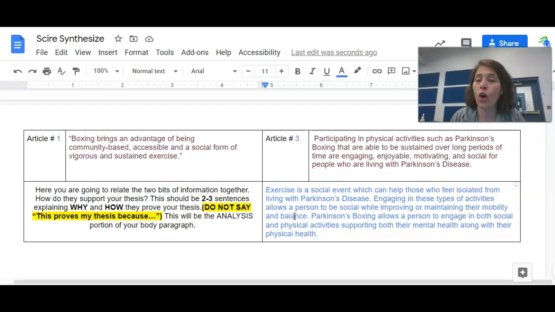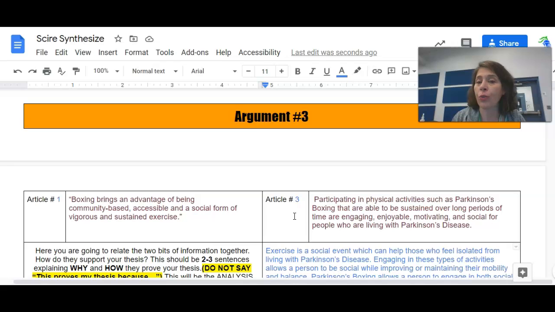You're going to do this for all three of your paragraphs. Once you finish one, if you have questions or if you're wondering if you have completed it the way that we would like you to, have one of us check it before you do another one, okay? So you're going to be doing this for all three arguments.